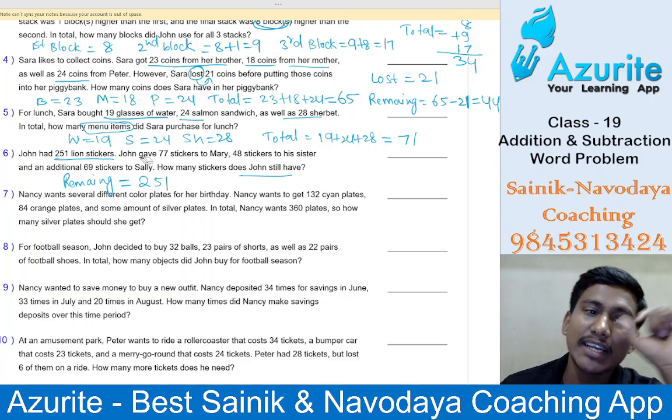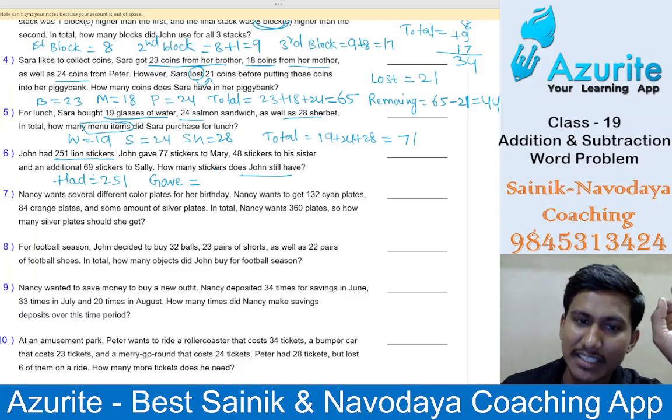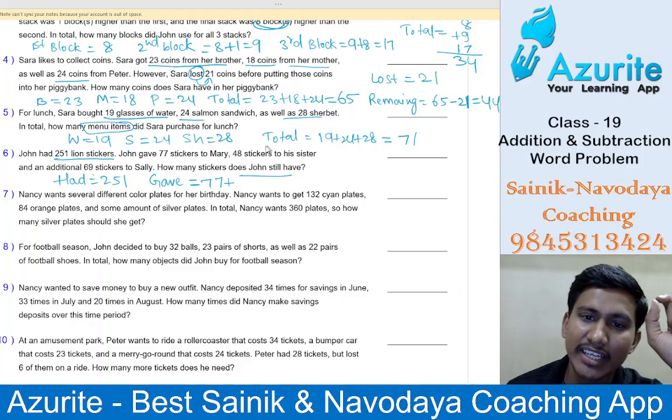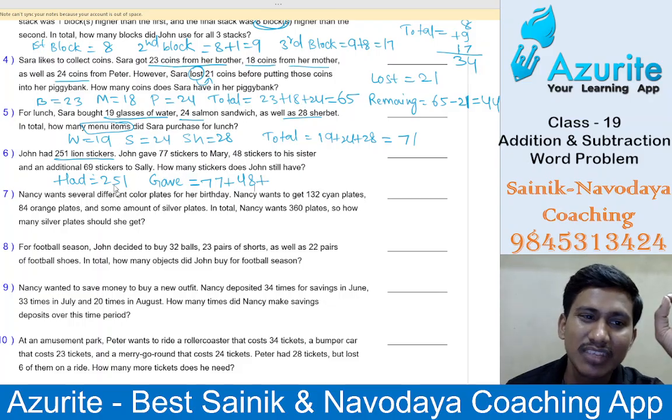Let us calculate. First let us total. He had 251. So gave, total how many he gave? He gave 77 to Mary. 77 first, and then after that 48 to his sister. So that is 77 and 48 also. And then 69 to Sally.